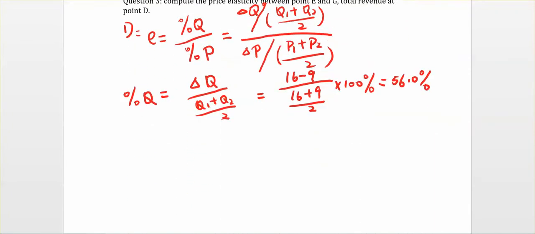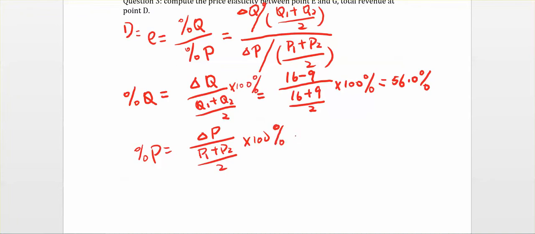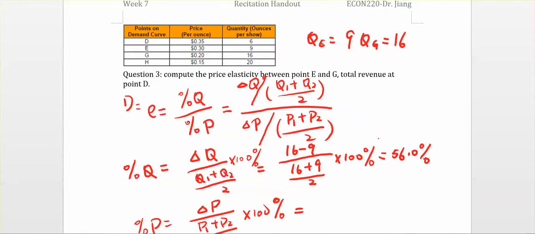So how about the denominator, the percentage change of the price? The percentage change of the price equals the change of the price divided by the average price, P1 plus P2 divided by 2, times 100%. Sorry, I always forget the 100%. Now you can go back and look at the table. We know PE equals 0.3, and PG equals 0.2.